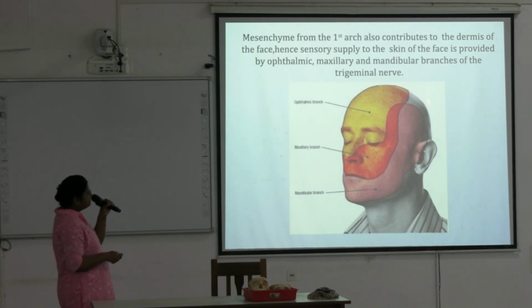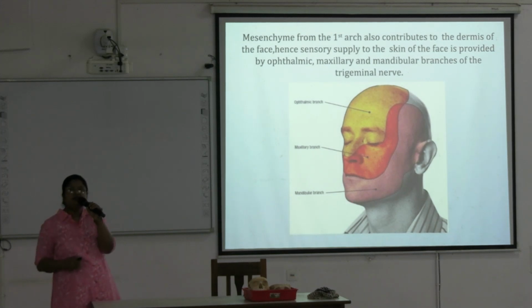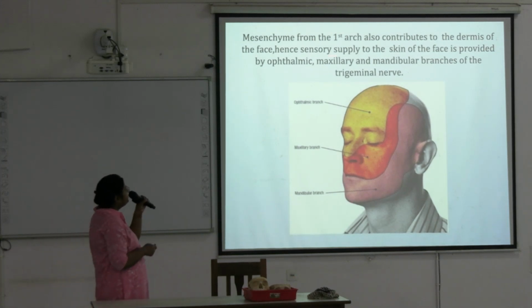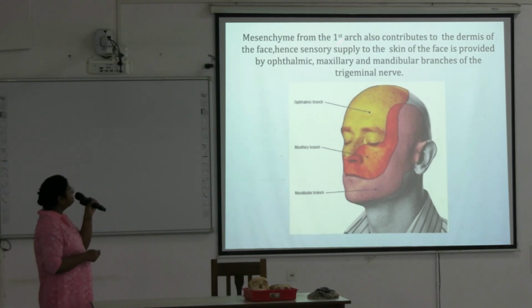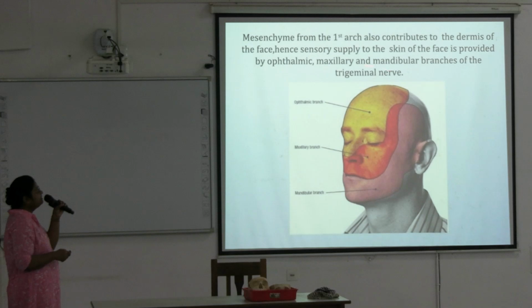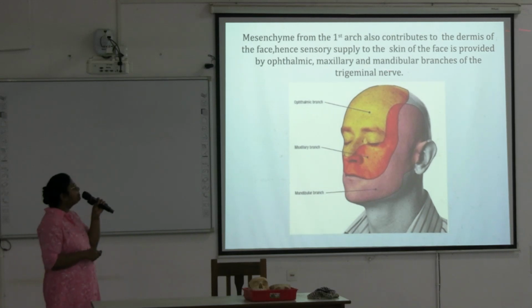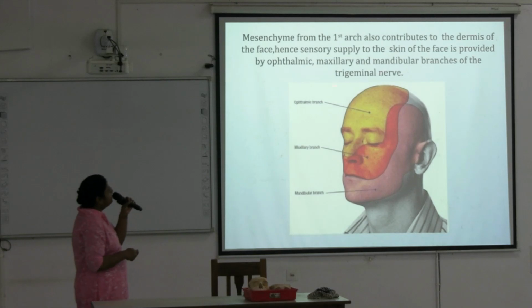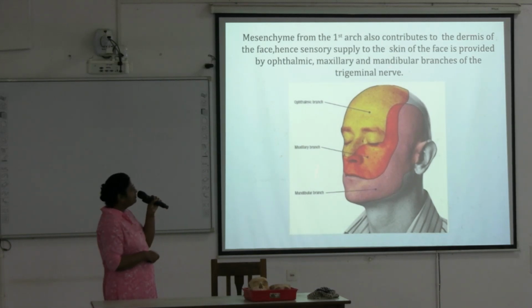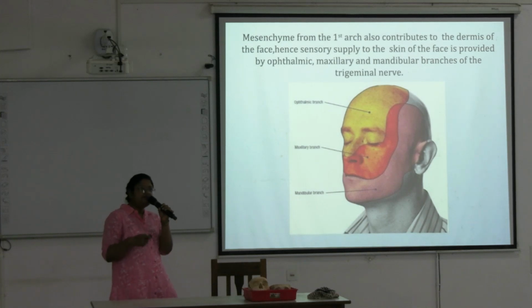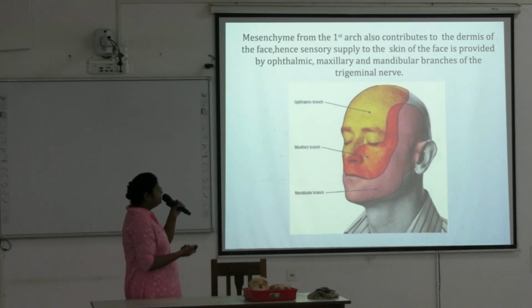And below it, up to the base of the mandible, is supplied by the mandibular division of the trigeminal nerve. Mesenchyme from the first arch also contributes to the dermis of the face. Hence the sensory supply of the skin of the face is provided by the ophthalmic, maxillary and mandibular branches of the trigeminal nerve. This diagram is very important. You practice this. It comes in your theory.